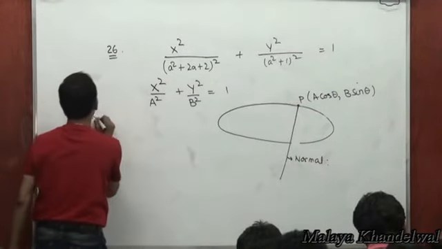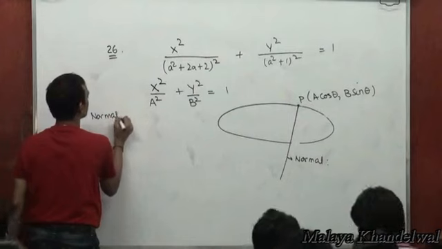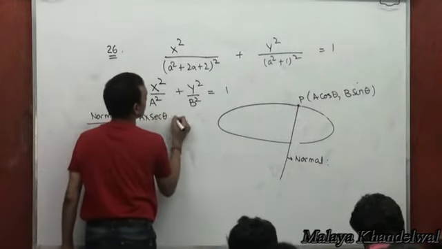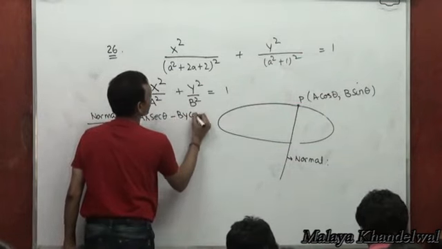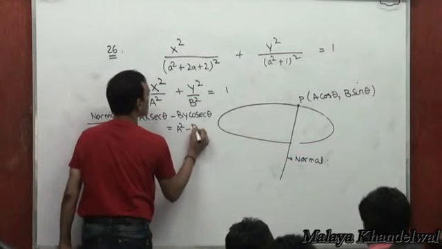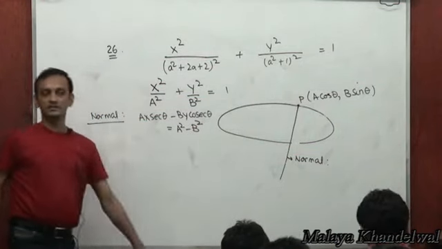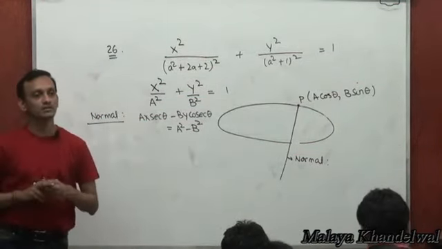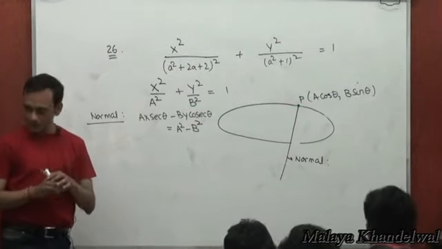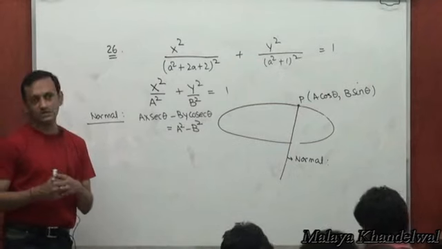What's the equation of the normal at theta? ax sec theta minus by cosec theta equals a squared minus b squared. That's the normal at any theta. Clear?